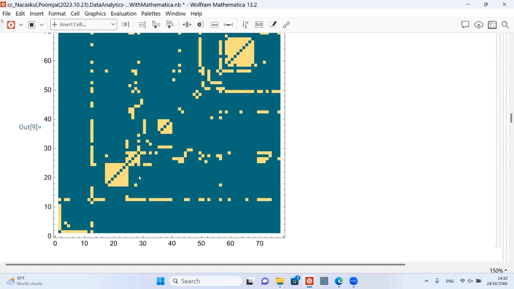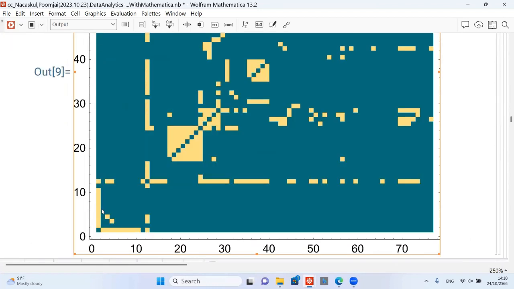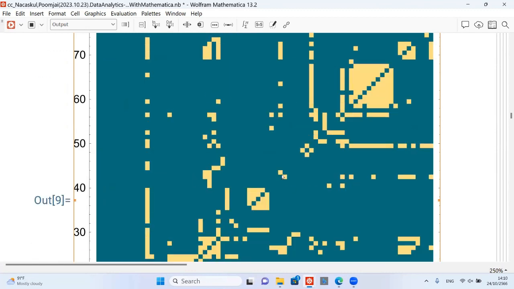It's this one. 1, 2, 3, 4, 5, 6, 7, 8, 9. So character 1 and character 2 to character 9 appear together. And vice versa.